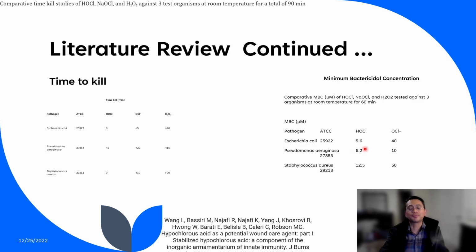The higher this number, the more likely the solution is cytotoxic. So you want this to be low, and as depicted in this table, hypochlorous acid has a lower MBC compared to hypochlorite solution.